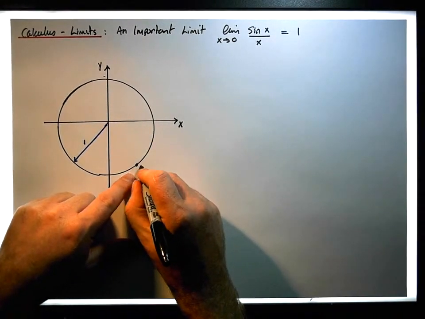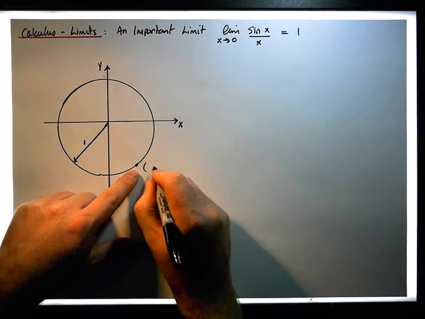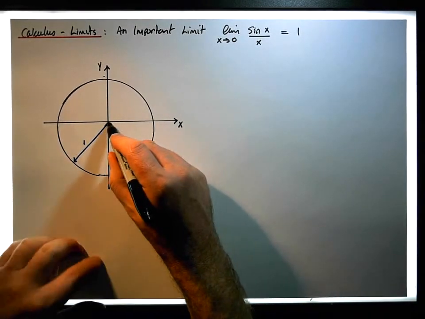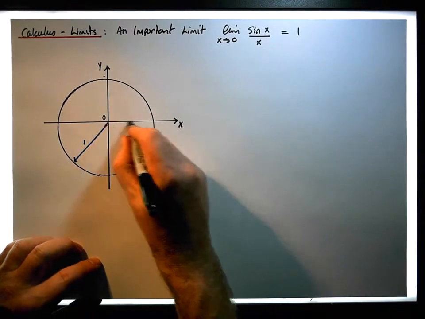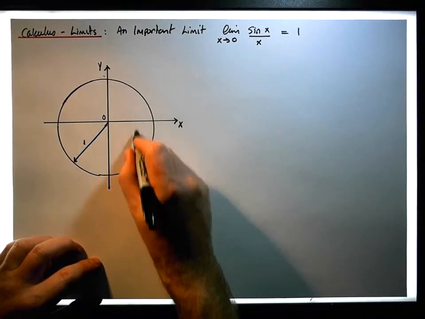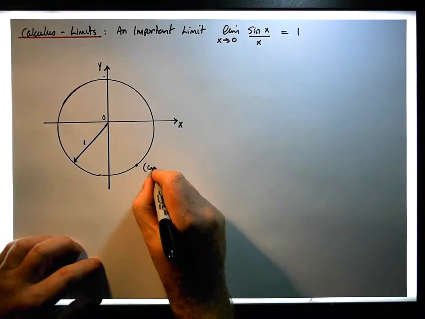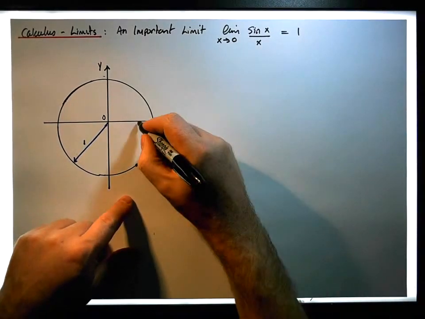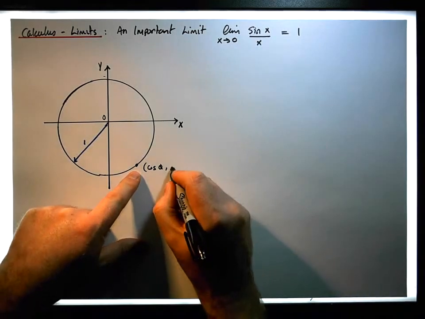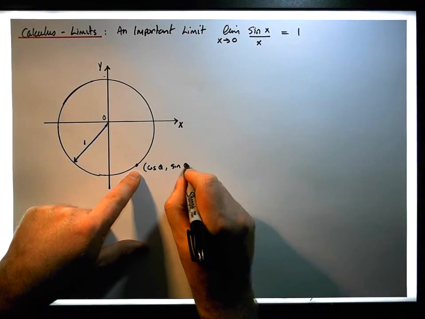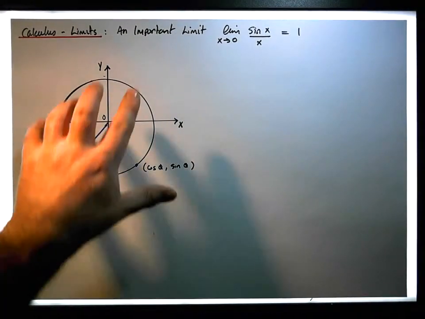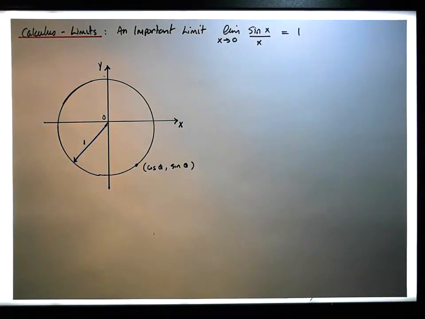If we have a point on the circle here, its x coordinate, a certain distance away from the origin O, is effectively cos of some angle, and the vertical distance, its y coordinate, is going to be sine of theta. Just keep that in mind. These are characteristics of the unit circle which we're going to need for this particular proof.